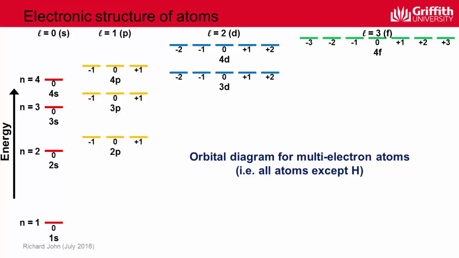Now, an interesting feature of the orbital diagram shown here is that the energy of the 4s, so we've got an orbital at the n equals 4 shell, is actually lower than the energy of the 3d orbitals, or the energy of the 3d subshell, and the shielding of electrons in the 3d orbitals happens to such a great extent that the energy of these orbitals is raised higher than the 4s orbitals, whose electron in that spherical distribution actually experience less shielding.